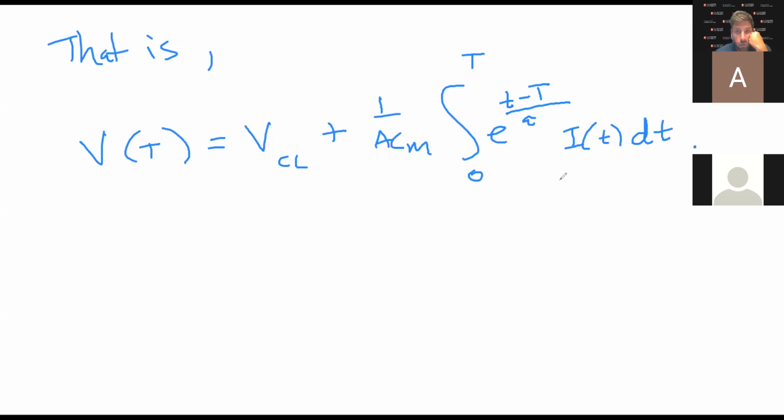Your challenge is to be able to understand this expression from the perspective of, oh, I see what happens as big T approaches 0 or as big T approaches infinity. And then can I play around with this thing for different types of functions I? Like, what if I is a polynomial? Or what if it's just t or t squared? What does this look like? So that's kind of what we want to get a feel for.